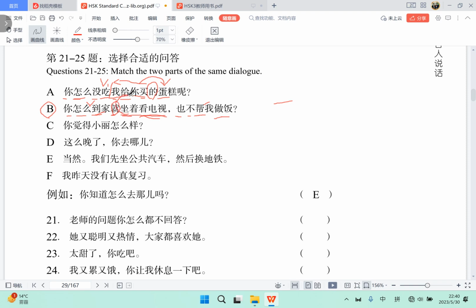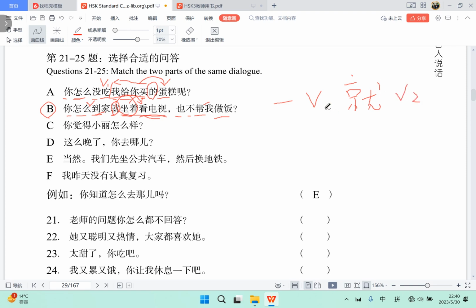So 坐着 here describes the manner of 看电视. This sentence is more complex because it includes 3 verbs and 2 grammar points. The first one is 一什么什么就, actions happening in sequence without a stop.